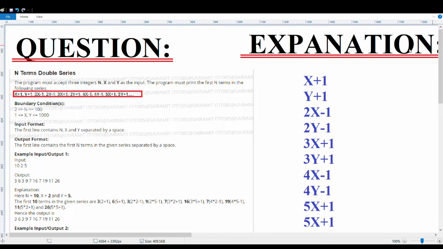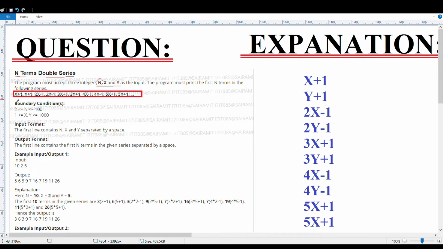Today we are going to see the question: n terms double series. They have given us the values n, x and y. The x value and y value will be given by them, and the n value will be the length of the series.